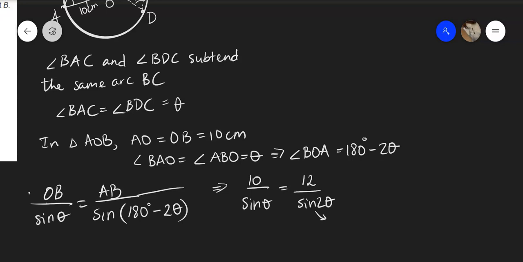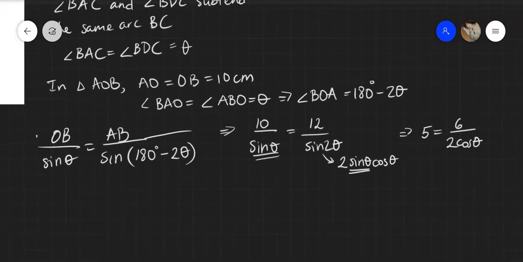Now, a bit of trigonometry here. Sine 2 theta is the same as 2 sine theta cos theta. And if we multiply the proportion by sine theta, and also divide it by 2, then we get 5 equals 6 over 2 cos theta, which gives us cos theta equals 3 over 5.